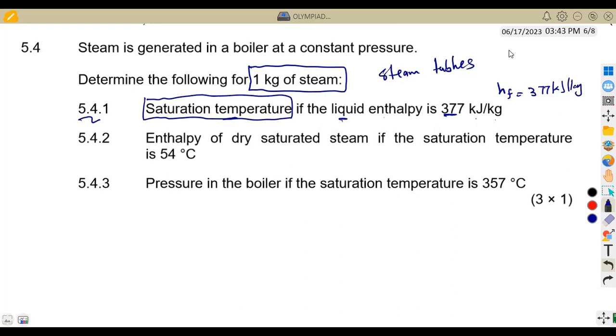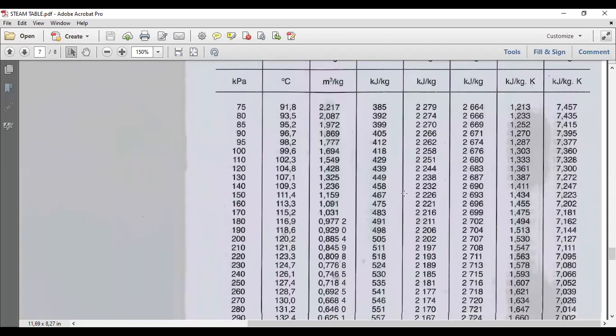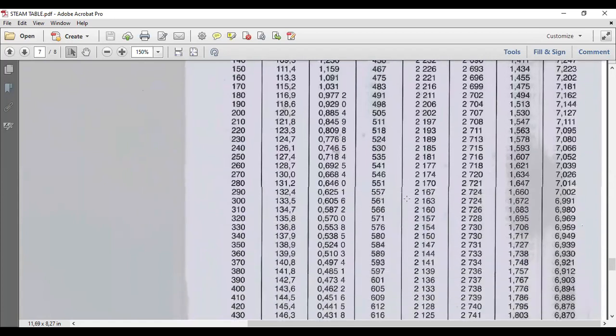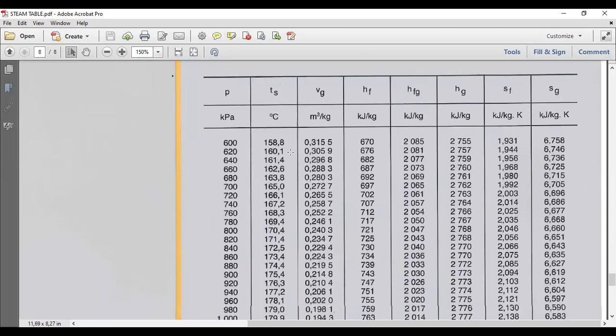What you're going to do is go back to your steam tables, when HF is 377. So let's see what you're going to have when HF is 377.